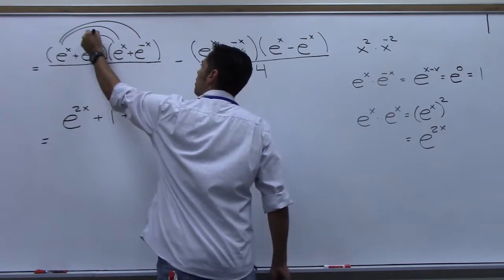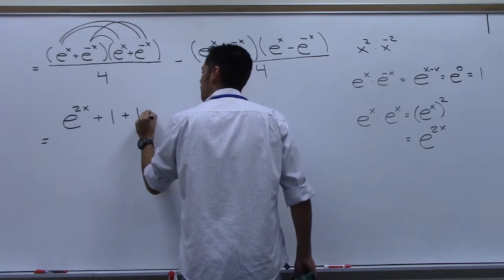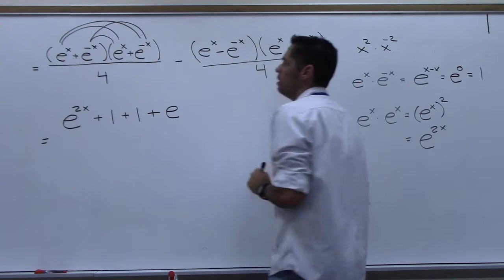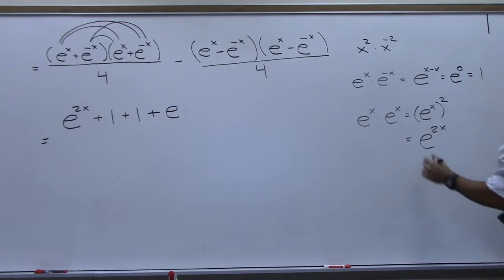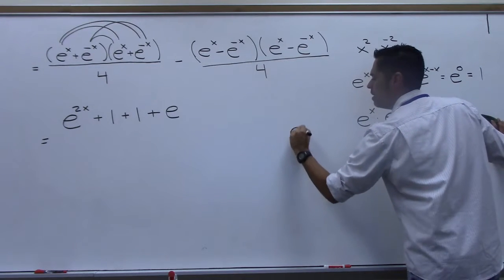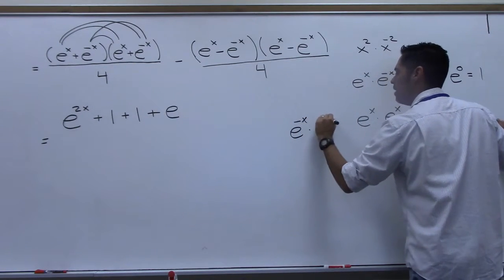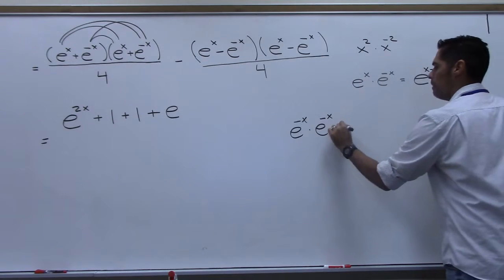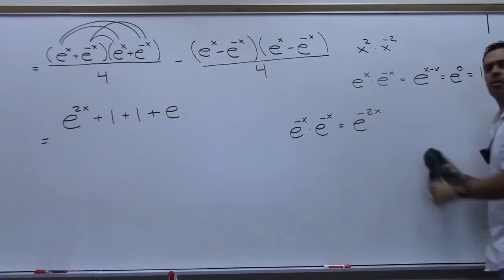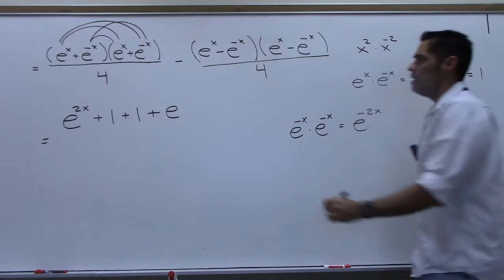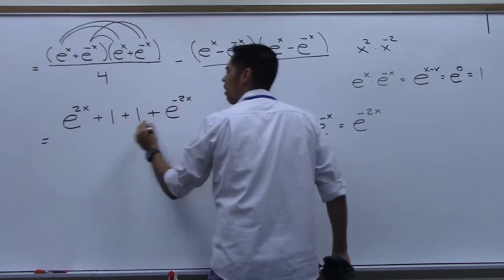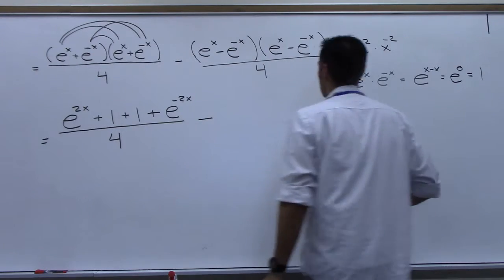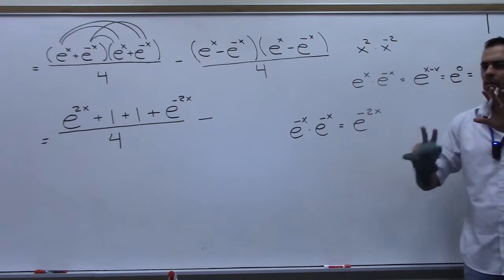And then the last multiplication, what do I get? Plus e to the, maybe I should write down here. What's e to the negative x times e to the negative x? You add the exponents? E to the negative 2x? Are we all good on this? All right, so e to the negative 2x. That's all over 4 still? Yeah? Then minus, now this multiplication can be a little bit different, just a little bit.